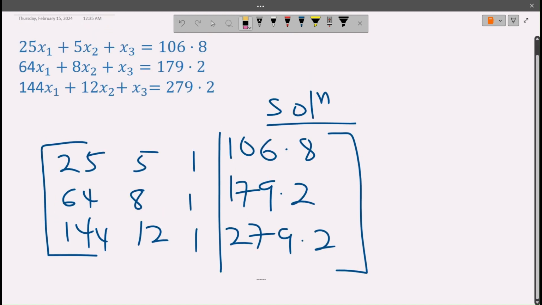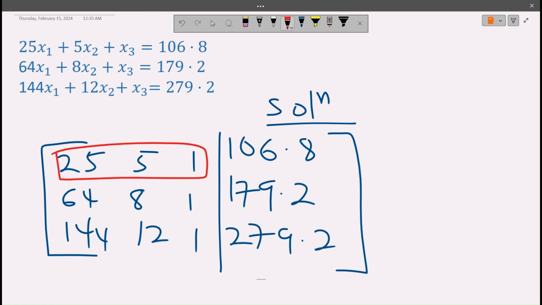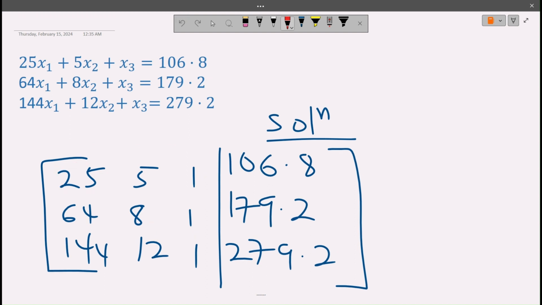In so doing, we consider the first row to be our pivot row, and that 25 will be our pivot element. So we are going to perform an elementary row operation on row 2 and row 3 to obtain an upper triangular matrix, which will make these places 0, 0, and 0.